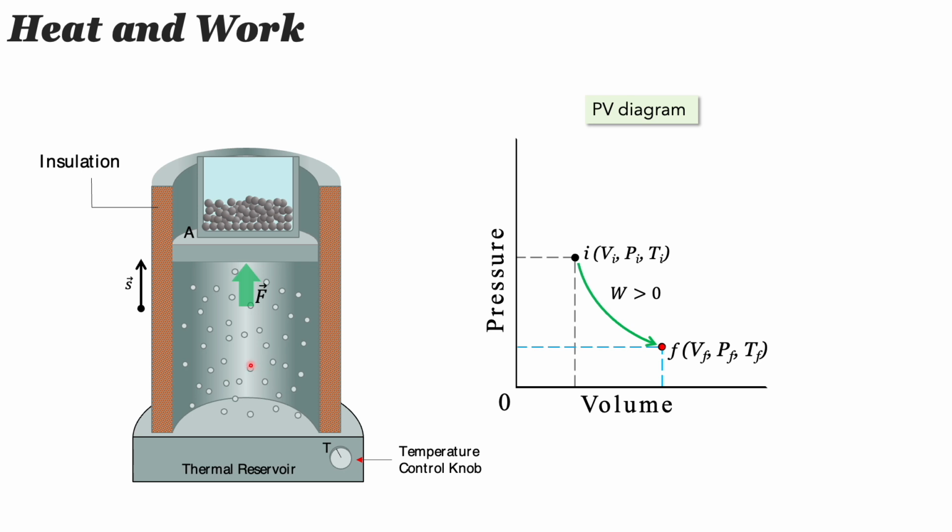The system is a gas that has expanded, the volume has increased, and as a result of this volume expansion, the gas has moved the piston upwards. It has done positive work on its surroundings.